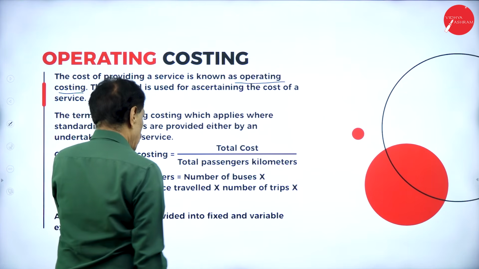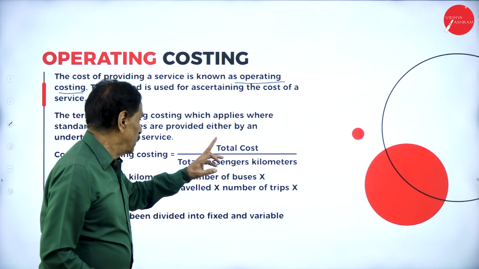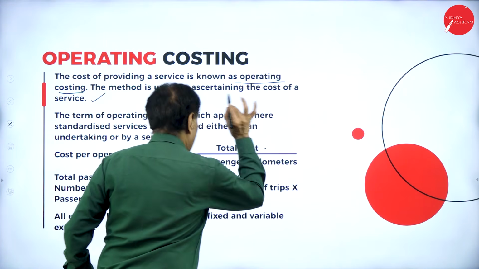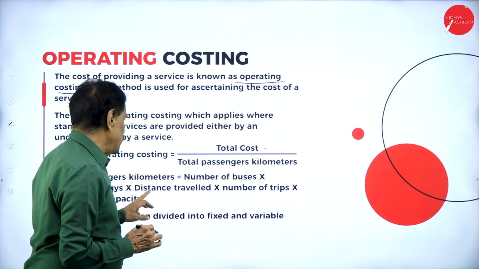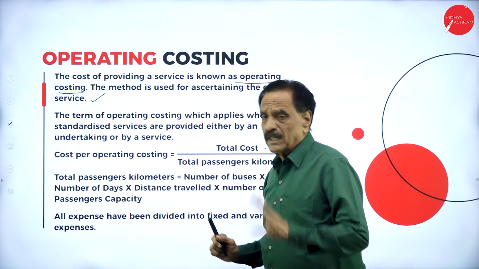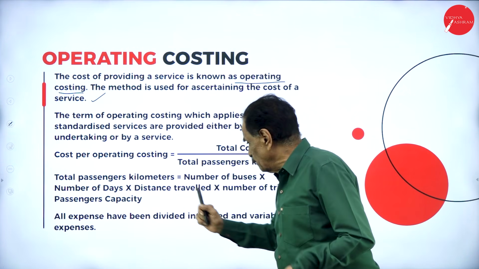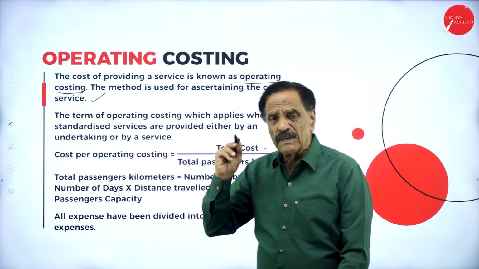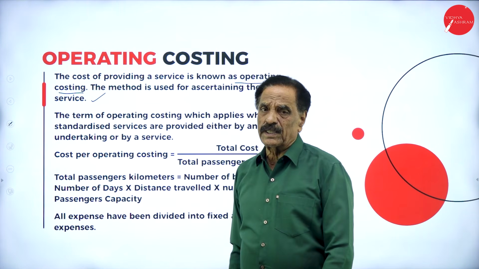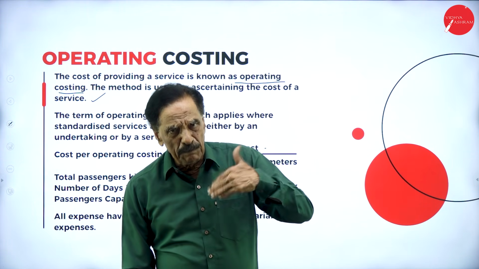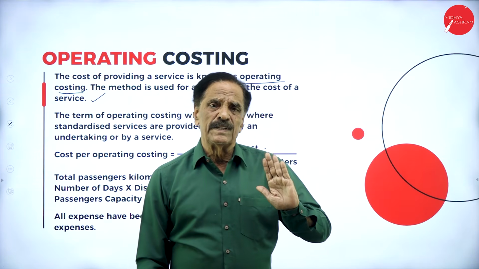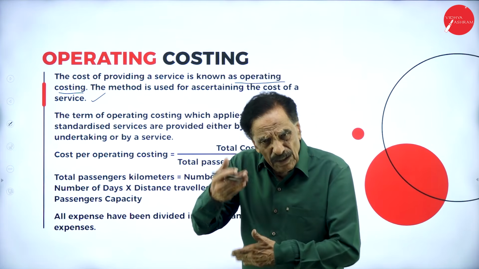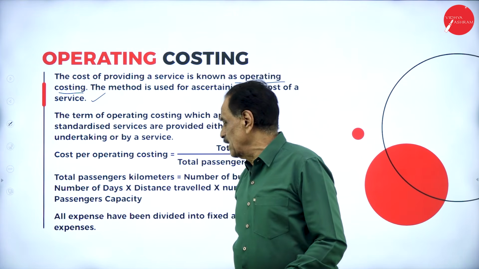Cost per passenger kilometer in operating costing is total cost divided by total passenger kilometer. I will explain what is total cost. Total passenger kilometer is equal to number of buses into number of days into distance travelled into number of trips into passenger capacity.